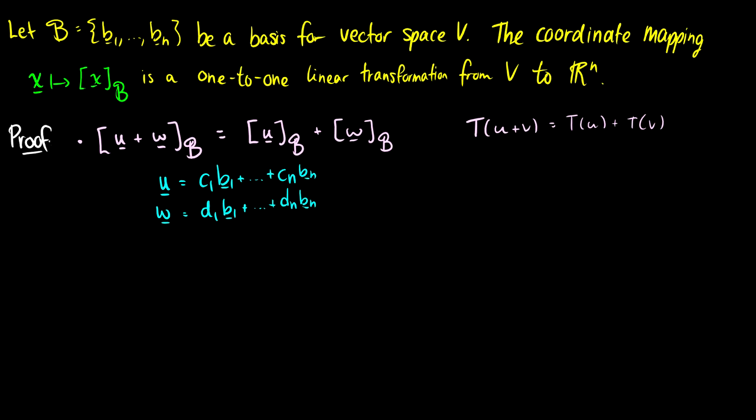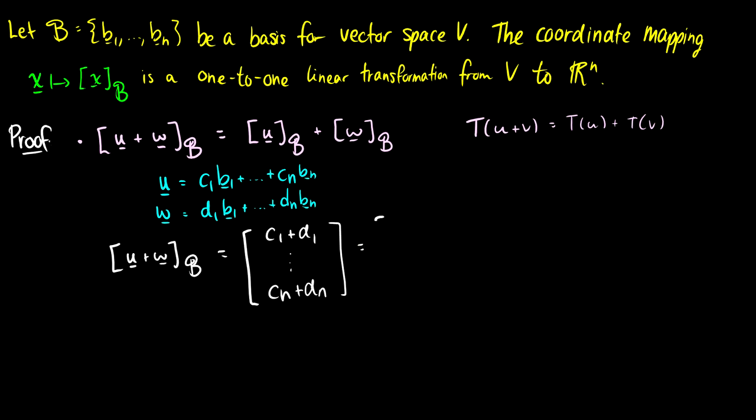Okay, so if we start with u plus w relative to B, well, again, we just take the coefficients from each. So this is the same as the vector c1 plus d1 all the way down to cn plus dn. But now that we're working with vectors, we know that we can split these numbers up if they're real numbers.